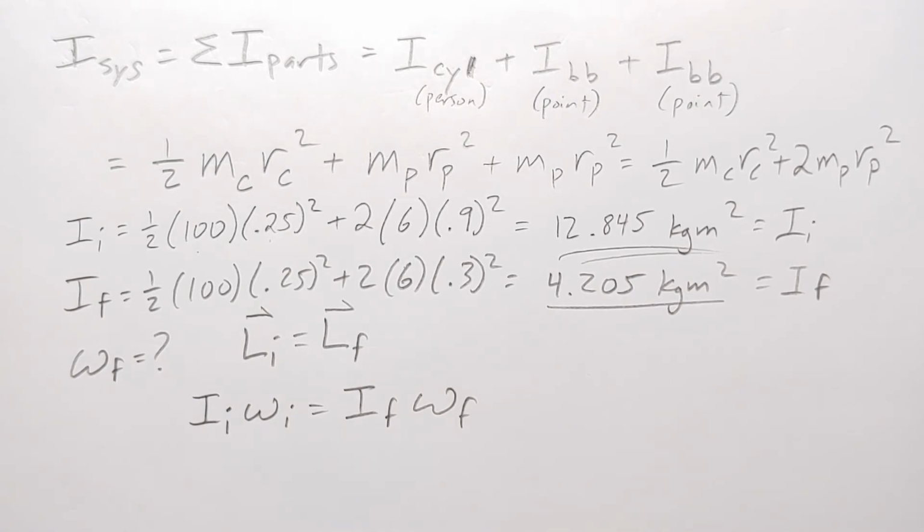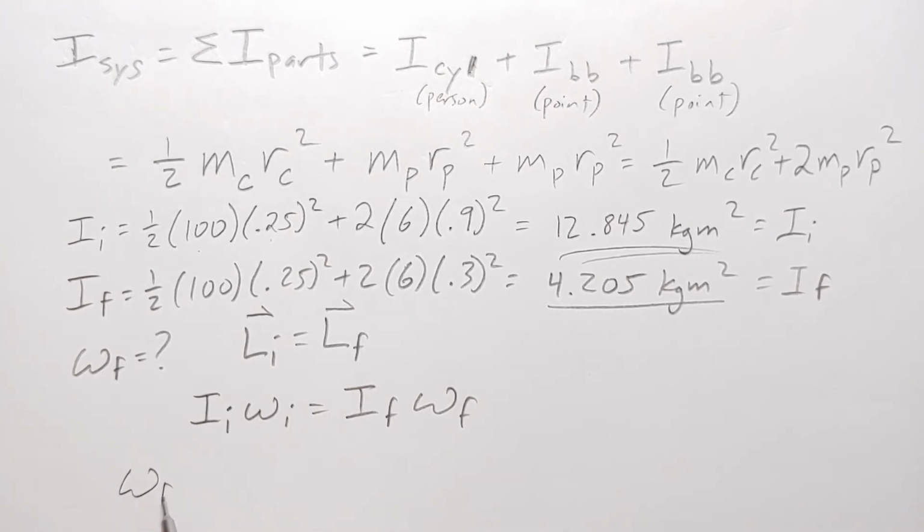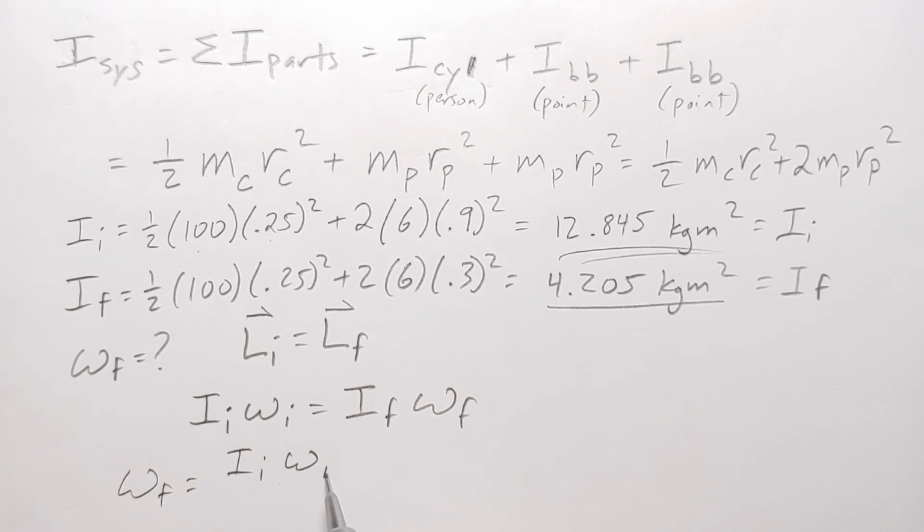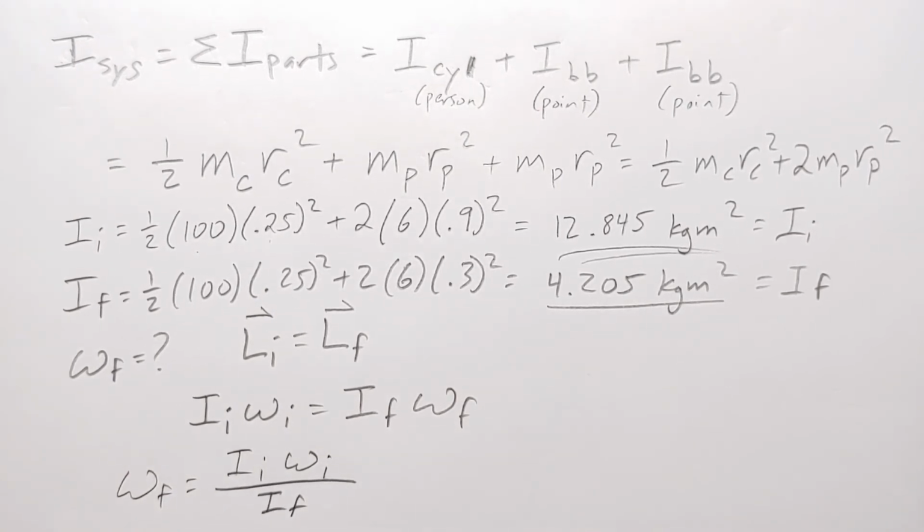So you could either just put it all together. The final angular velocity is going to be the initial moment of inertia times the initial angular velocity divided by the final moment of inertia. And certainly you can just plug everything in.